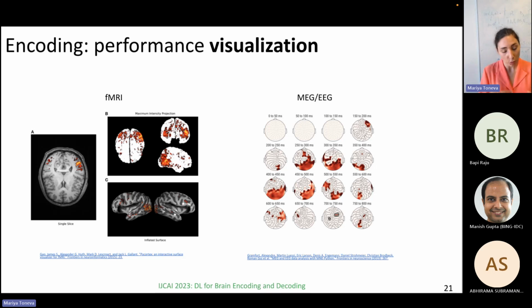Using that MNE-Python package, you can visualize both the activity, but also the similarity metrics from encoding models at particular sensors in the brain and also time points in the brain. So again, I think this is quite a nice package, and it's openly available as well. So PyCortex and MNE-Python would be my recommendations if you're looking into how to visualize the performance of an encoding model.